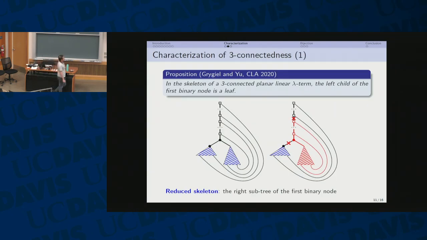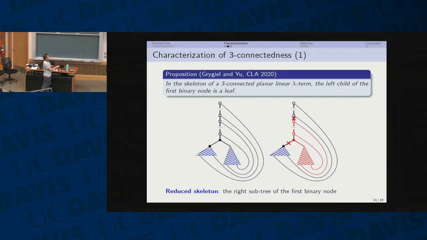Now we try to characterize free connected terms. First, we start with a small observation. If we take the skeleton of a free connected term and look at its first binary node, then its left subtree must be a leaf. Why? If it's not a leaf, there will be free variables because it's two connected.